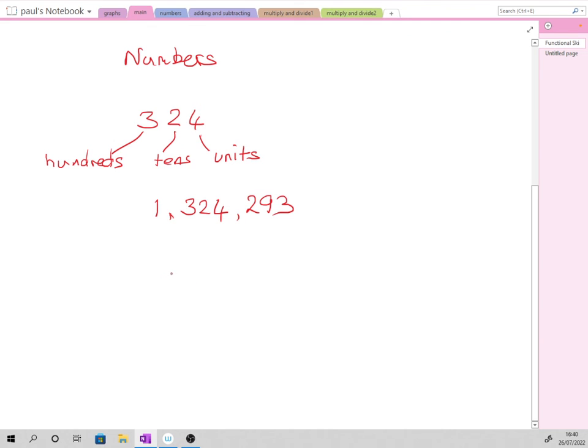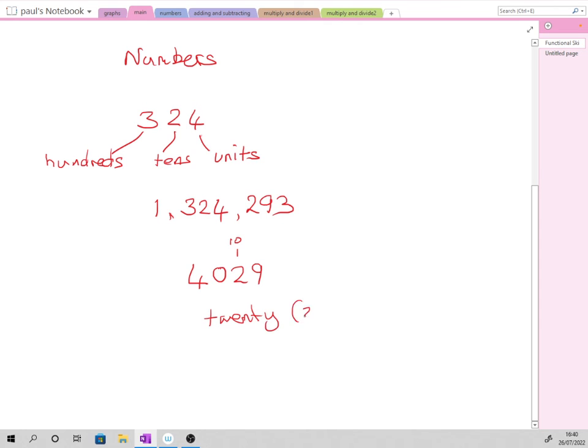So you might get a question that will say, okay, here's a number, 4029, and what is the value of the number 2? Well, the 2 is in the tens column, so therefore you have 2 lots of tens, and the answer, the value of the 2 in this particular number, is 20.